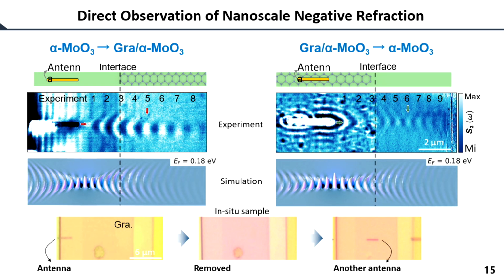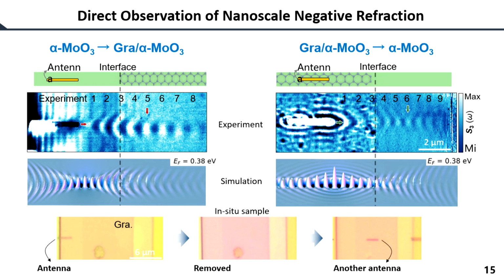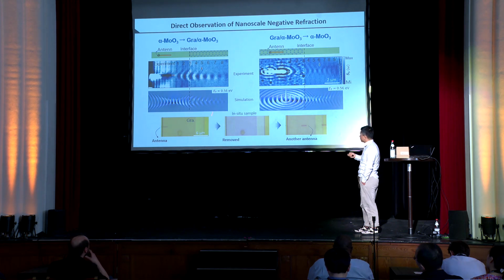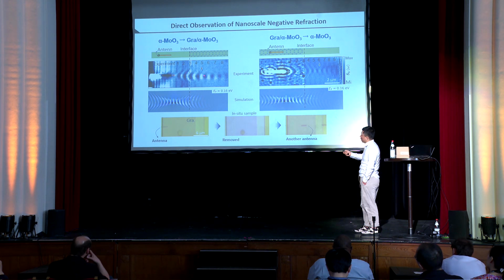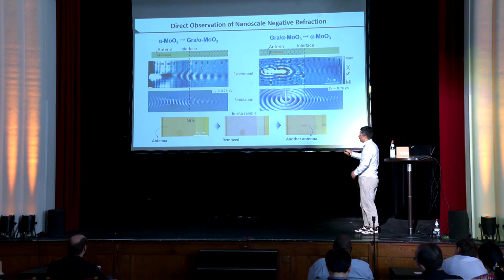And here's the experiment, okay? You see, first you put the antenna on the left, right, and you see this kind of negative refraction, and the hyperbolic wavefront has been shrunk at the right part, and finally focuses itself here, right?